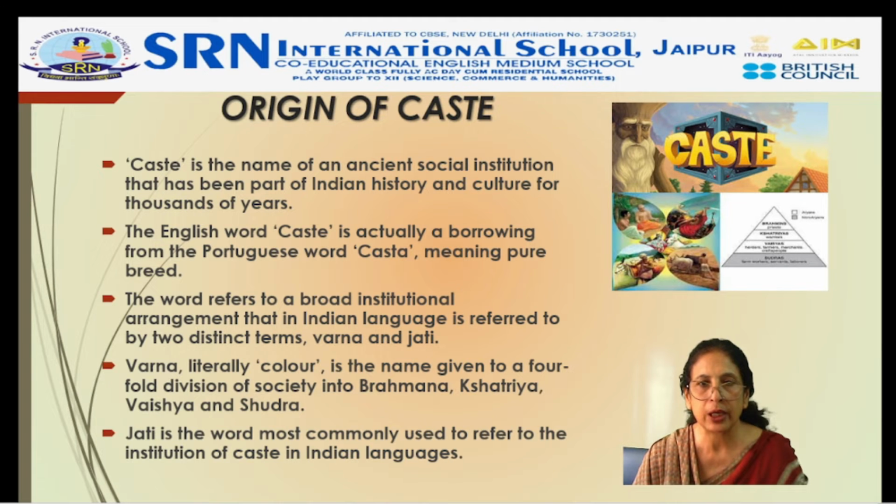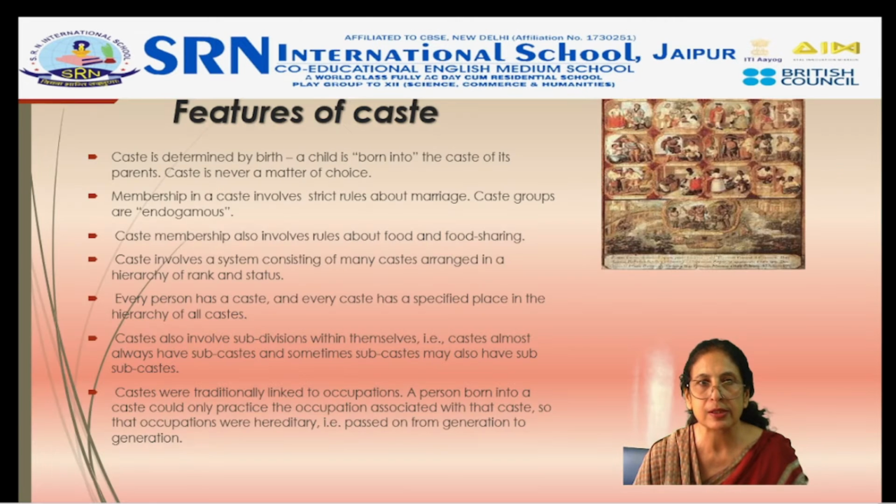They are Varna and Jati. Varna, literally color, is the name given to a fourfold division of society into Brahmins, Kshatriyas, Vaishyas and Shudras. Jati is the word most commonly used to refer to the institution of caste in Indian languages.